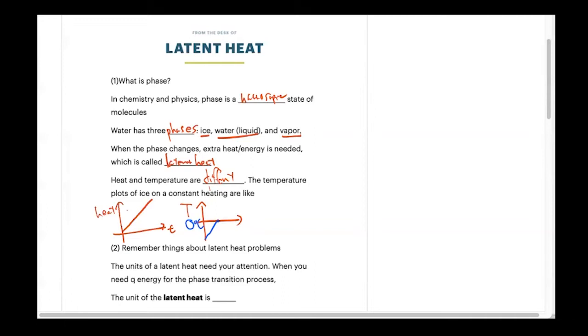But when the temperature of the ice hits 0 Celsius degree, although you keep heating the ice, you have this plateau, then you are going to see temperature increase like this. And this is what we call latent heat.